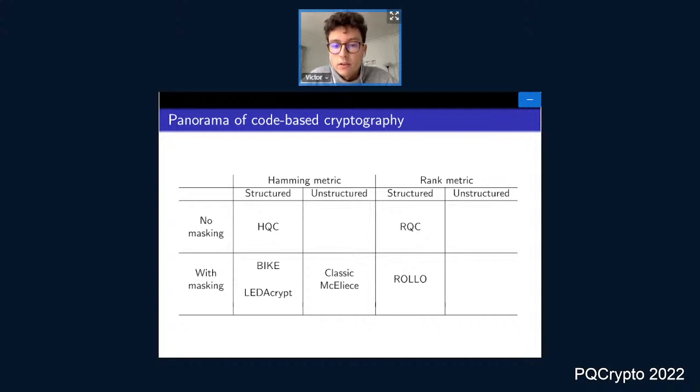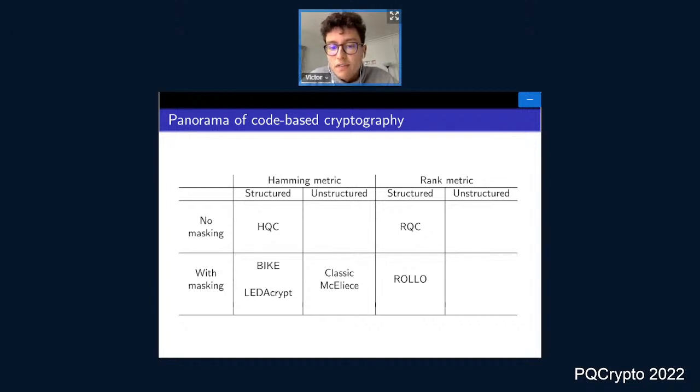So you can choose between the Hamming or the rank metric, and your public key can be structured or unstructured, as I said before. And you have also a third dimension, which is you can have masking, meaning that it's more like a McEliece-like cryptosystem, or you can have no masking between the public key and the secret key, meaning like you are in the Alekhnovich-like cryptosystem.